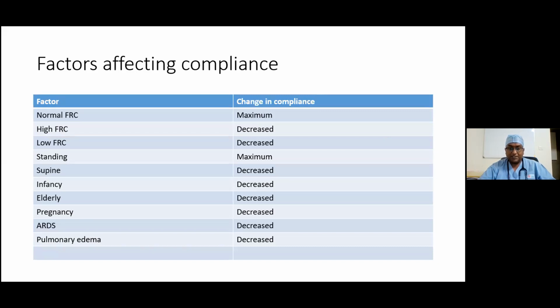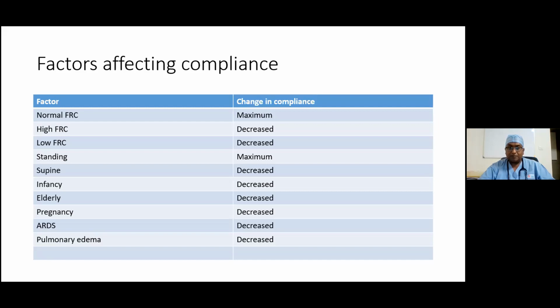Now from this list, you can see the compliance is maximum at normal FRC. At normal FRC, the recoil forces, as I told before, will be at equilibrium. So that gives maximum compliance. And also when the subject is standing.